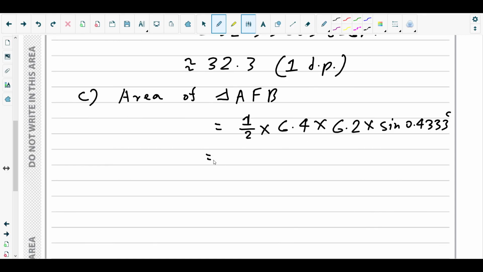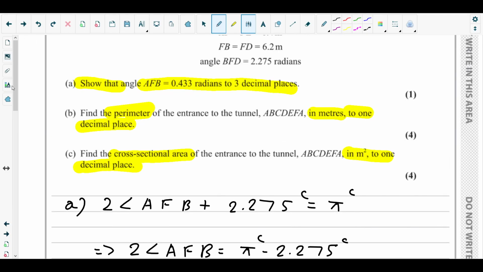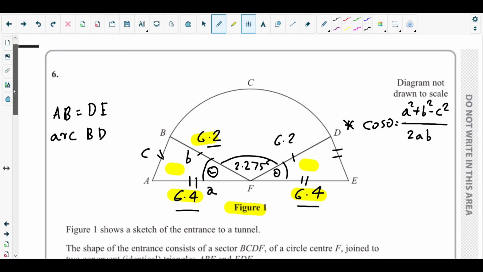So 6.4 times 6.2 times 0.5 times sine 0.4333 radians, the value is 8.33018... meter squared. This is the area of triangle AFB. Since triangle AFB and triangle DFE are congruent, we got that area. Now remaining is the area of the sector BFD.